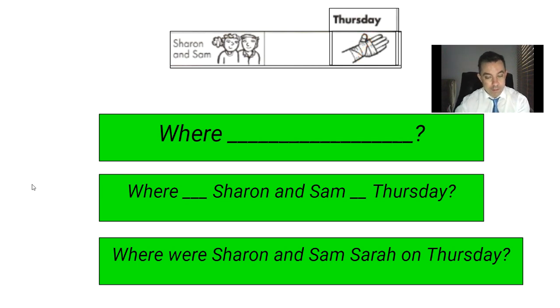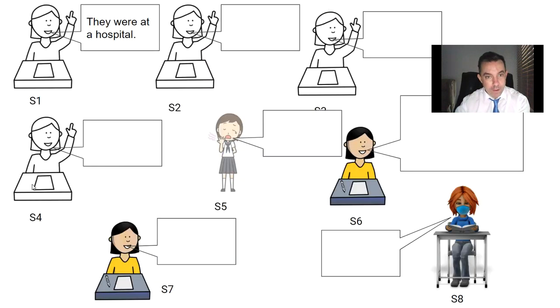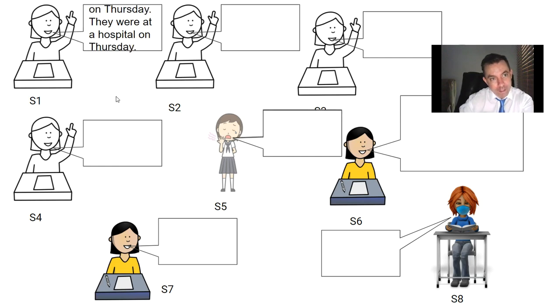Oh, and there's the answer. S1, where were Sharon and Sam on Thursday? They were at a hospital. Very good. But what day was it, S1? We need the day. On Thursday.